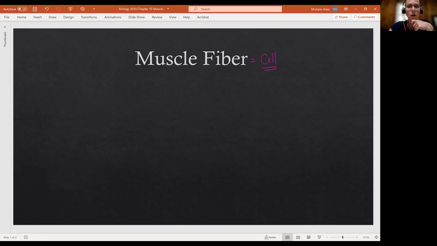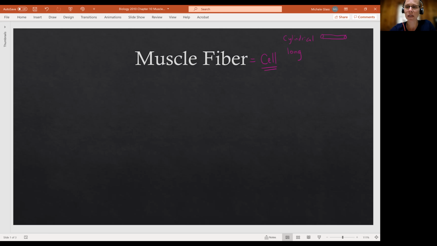So we mentioned already that it's called a fiber because it's going to be cylindrical. So here, maybe think for yourself of like a paper towel tube or toilet paper tube. That's our cylinder shape, right? And we see that it's also a very long cell.